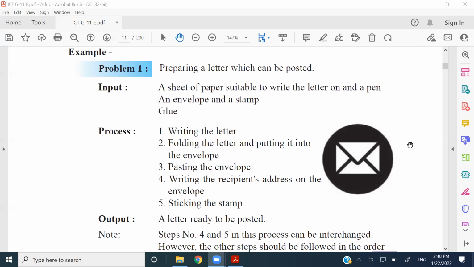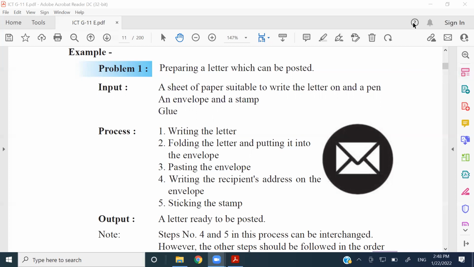So we need to prepare a letter. To prepare the letter, the things that we want can be categorized as inputs, and there is a way that these inputs are made into an output. We take the paper, write the letter, fold it, put it inside the envelope, paste the envelope, write the recipient address on the envelope, and stick the stamp.